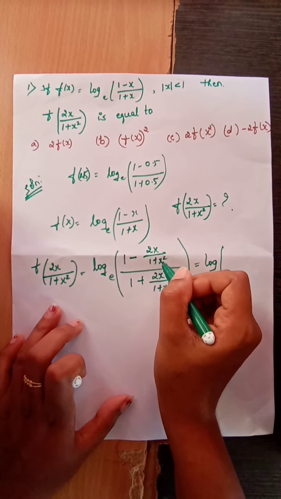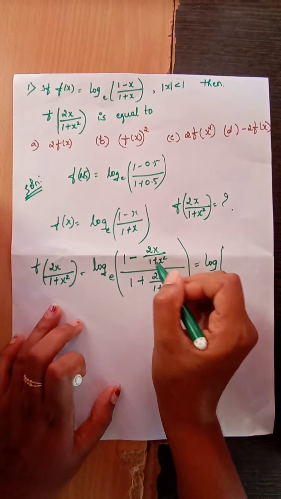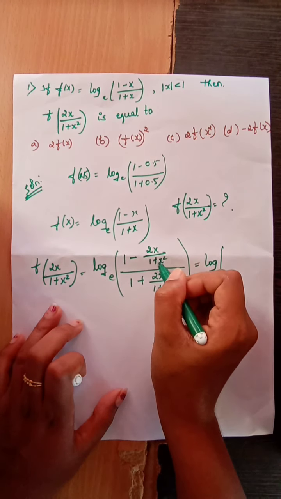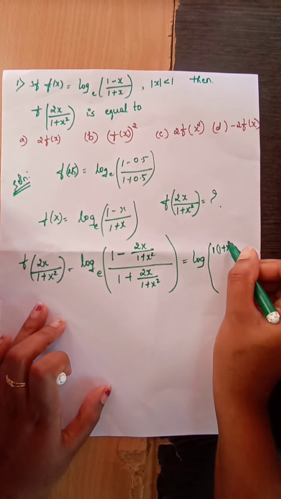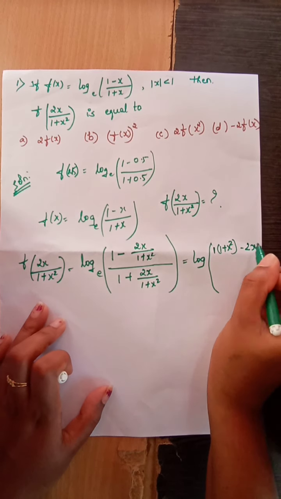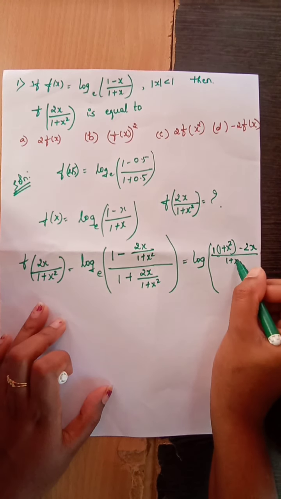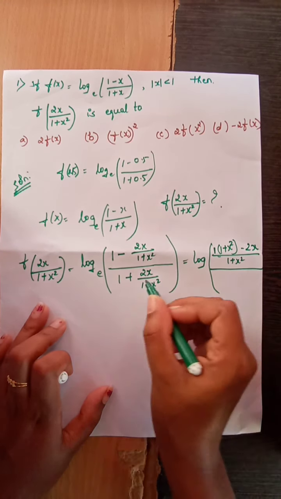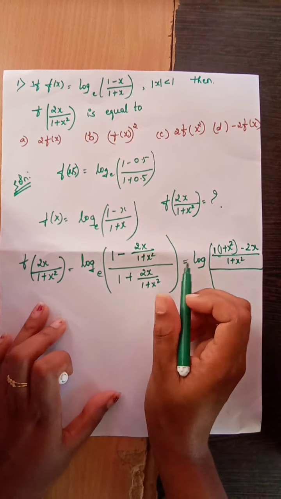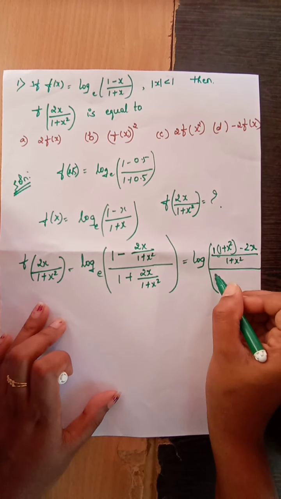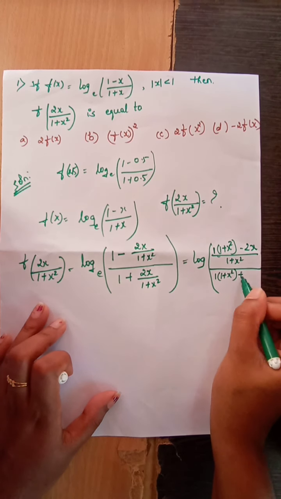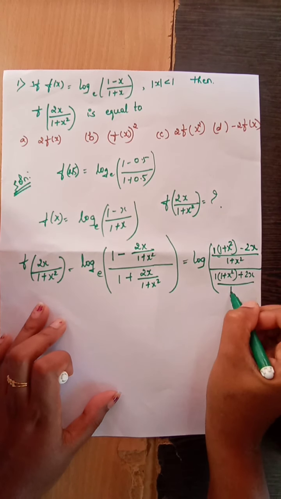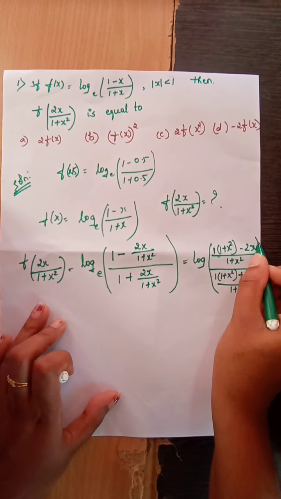By now you know how to solve the fraction. We'll make the denominator common, so I'll multiply over here. I'll be left with 1 into 1 plus x square minus 2x divided by 1 plus x square, whole divided by, again here we have a fraction in the denominator, so again I have to multiply, so it is 1 into 1 plus x square plus 2x divided by 1 plus x square.